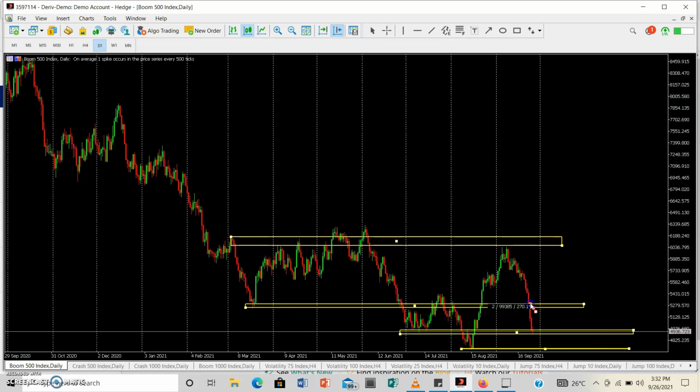So we can see that there is this high downward momentum as price is pushing down.